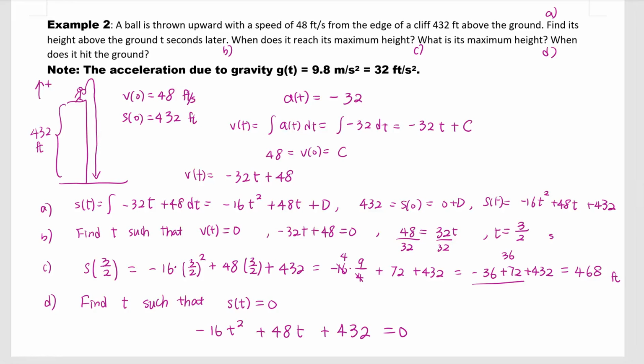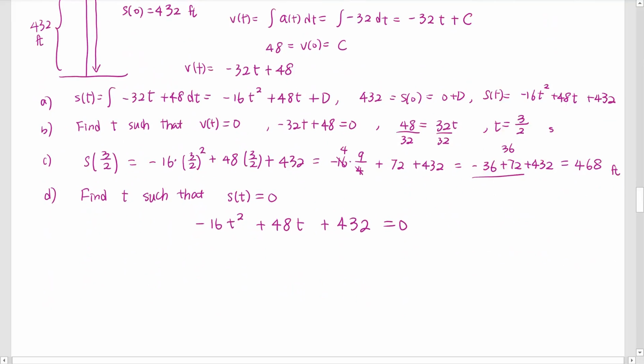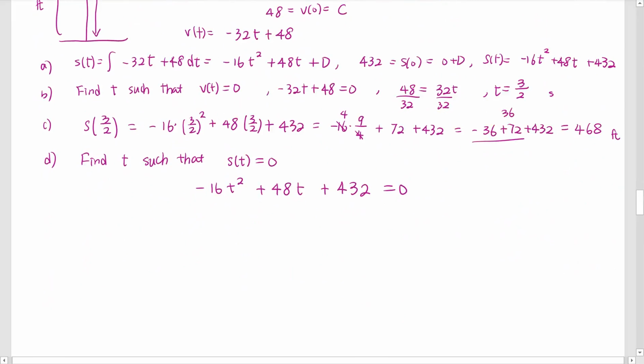Okay, let's try to solve for t. Do you see 16 is a common factor? Actually, it is. Okay, and I also want to make the coefficient positive, so let's divide all the terms by negative 16.